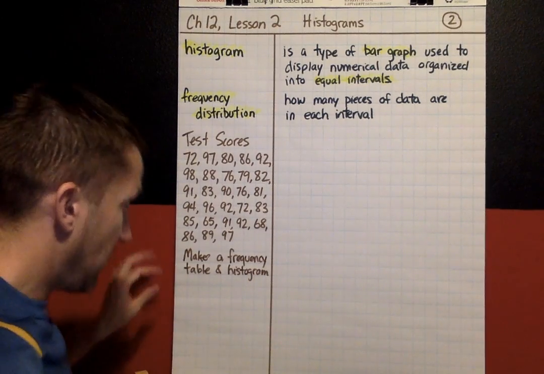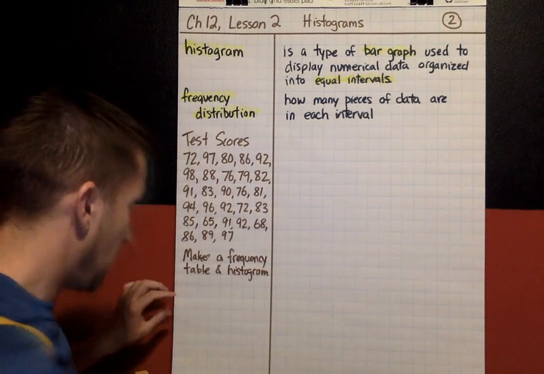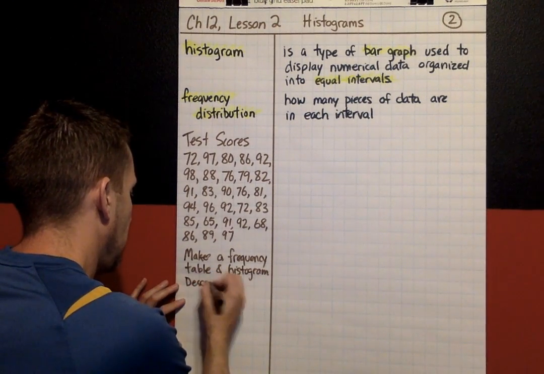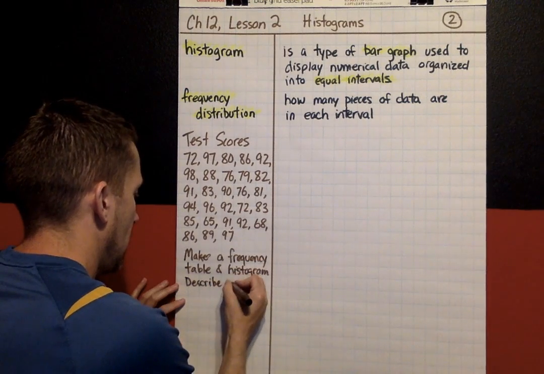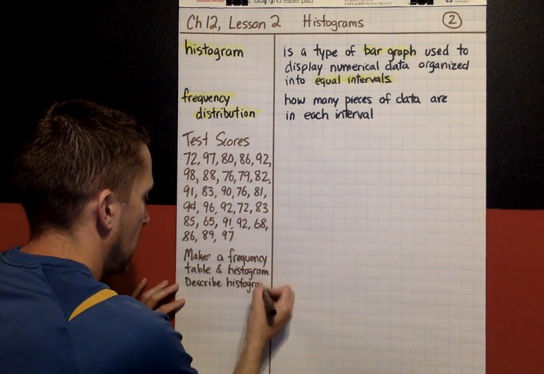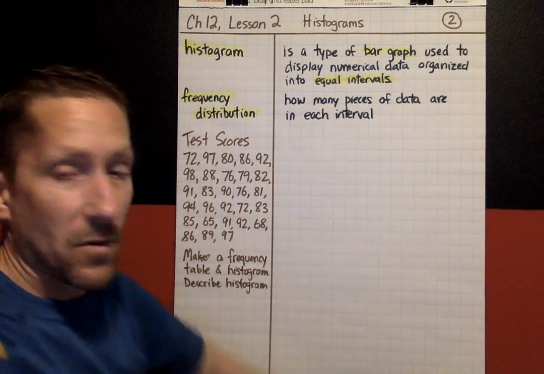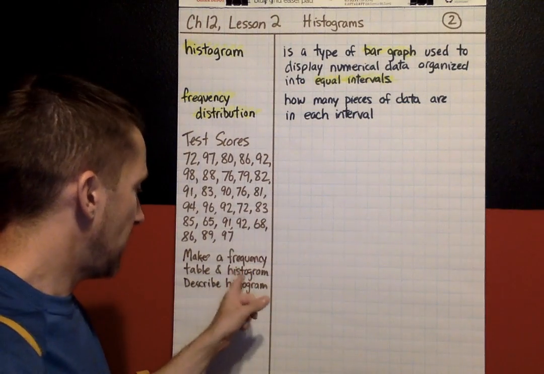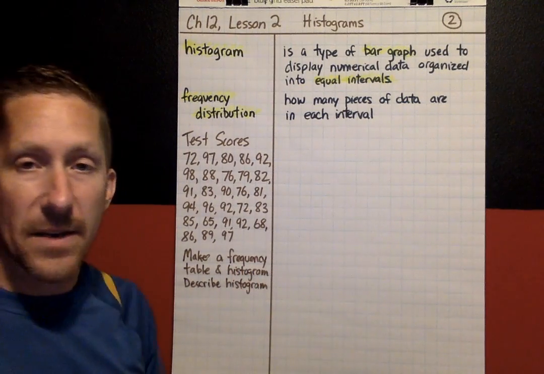Okay, and then after we make the frequency table and the histogram, we're going to look at that and then we're going to describe the histogram. So these things are what you're going to be practicing today. Looking at a frequency table, from that making a histogram and describing the histogram.